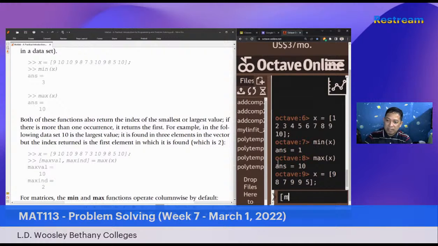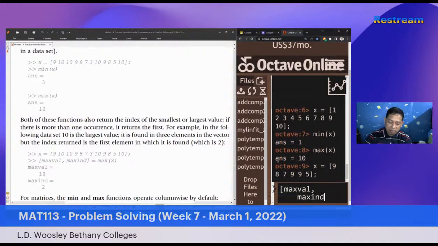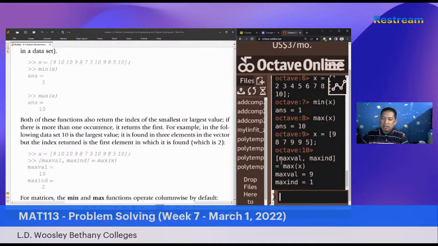So we could compute the max value and the max index, yung index niya, kung saan siya natagpuan. This is equivalent to the maximum value. Alright? So from here, the max value is 9, and it is found on the first. The max index is first, or the number 1. Alright?